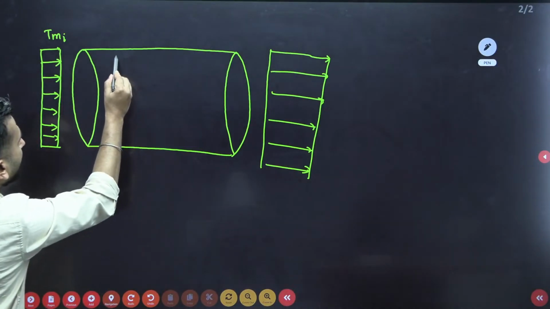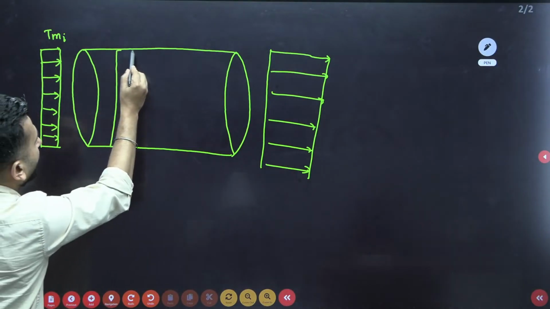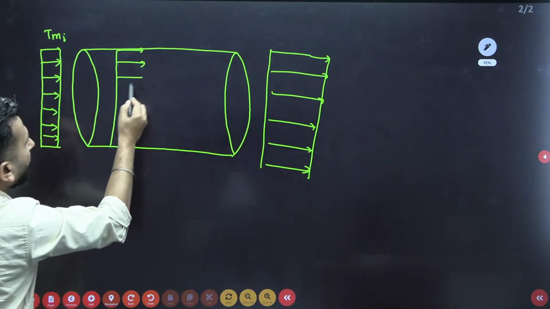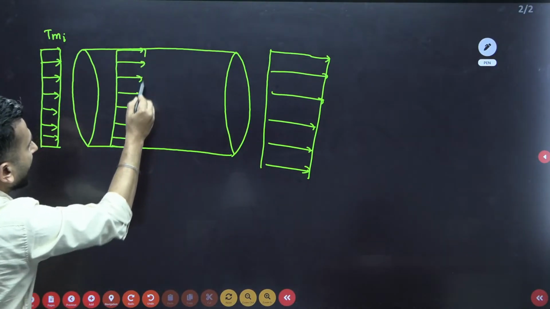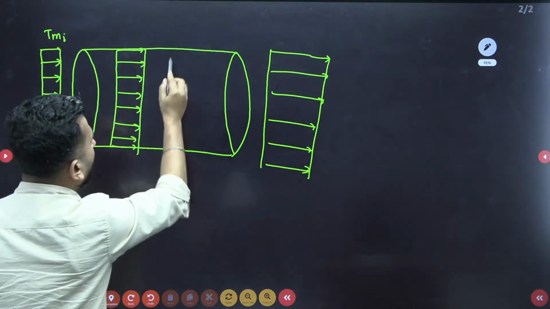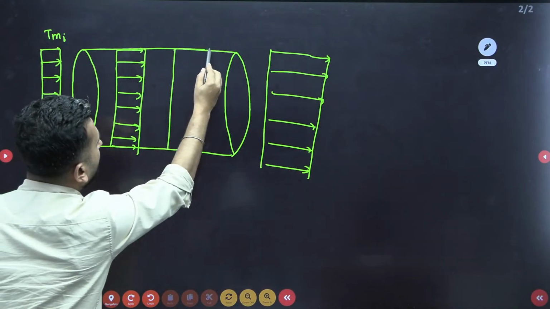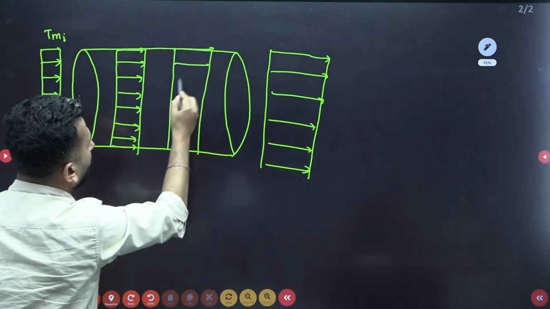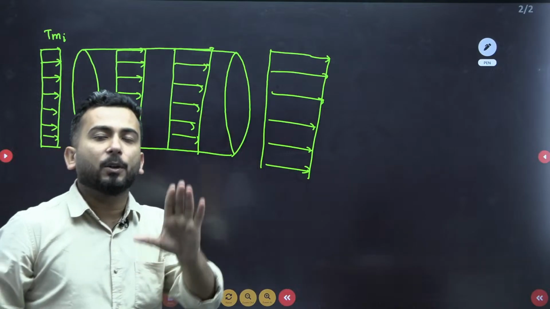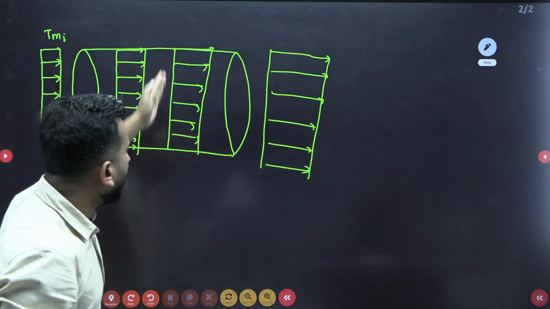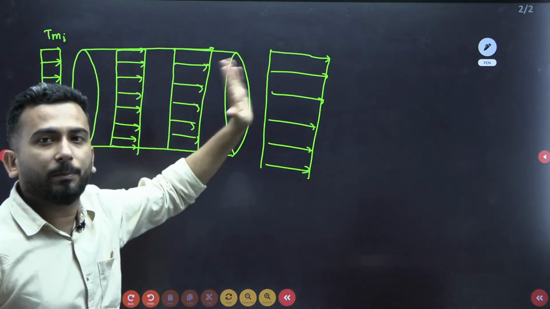And when it is passing through every section, I will not show the exact or the correct, real profile. Rather, I will show it with constant lines. Why am I showing constant lines? Because I will have to consider one single temperature at every plane.